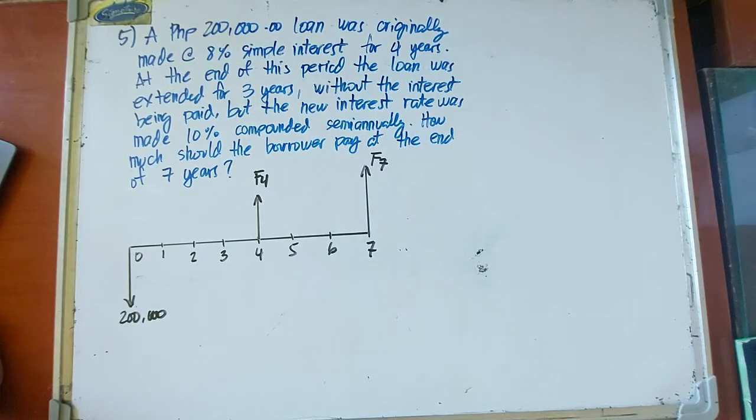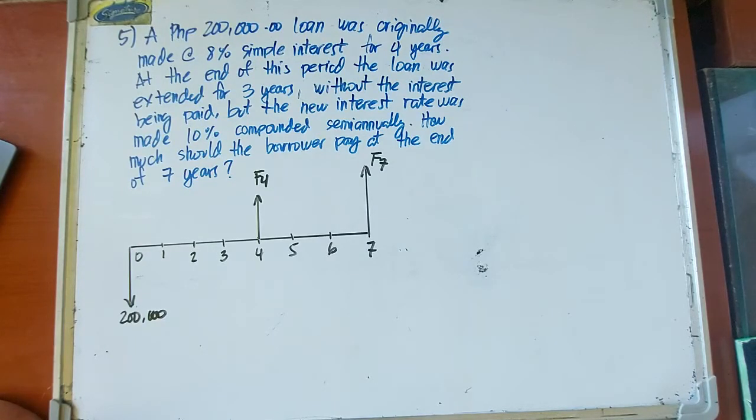Number 5. A 200,000 loan was originally made at 8% simple interest for 4 years. At the end of this period, the loan was extended for 3 years without the interest being paid, but the new interest rate was made 10% compounded semi-annually.